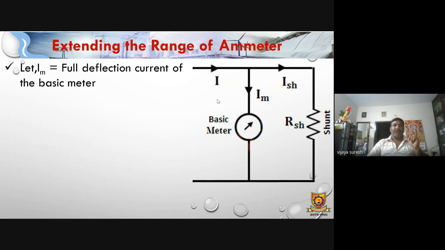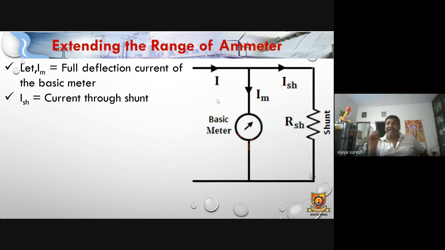Now for the same circuit, Im is the full scale current of the basic meter, nothing but the maximum current we can measure through the meter. Then ISH is the current flowing through the shunt. Now we are going to derive how much resistance we need to connect in parallel with the meter.